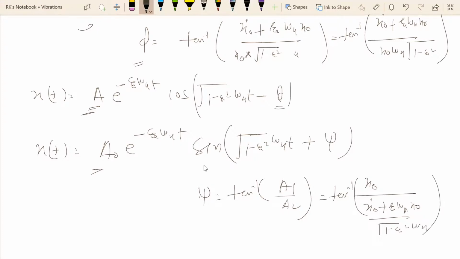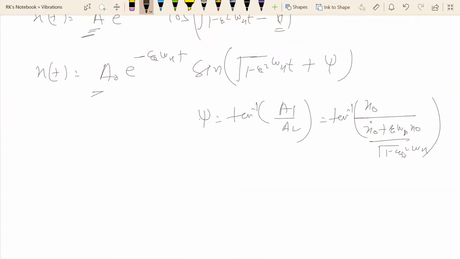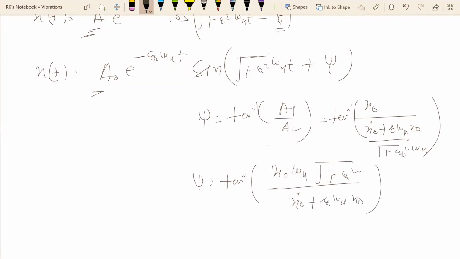If we simplify this, psi equals tan inverse of x naught omega n square root of 1 minus zeta squared over x naught dot plus zeta omega n x naught. This is how we can find our third form of the solution.